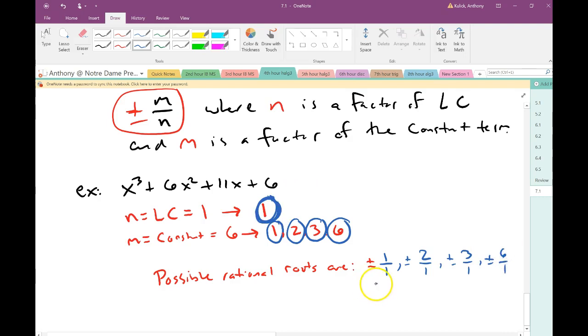So here I have 8 possible rational roots.